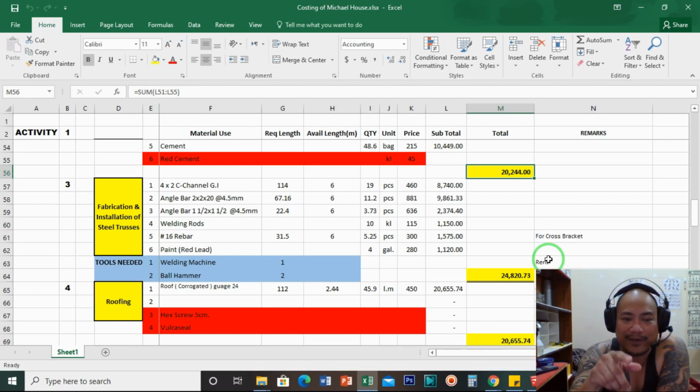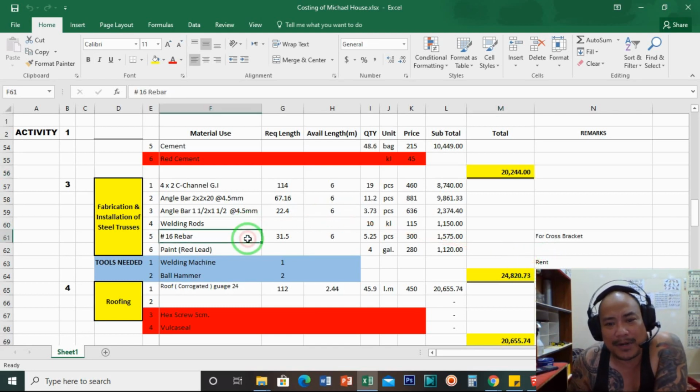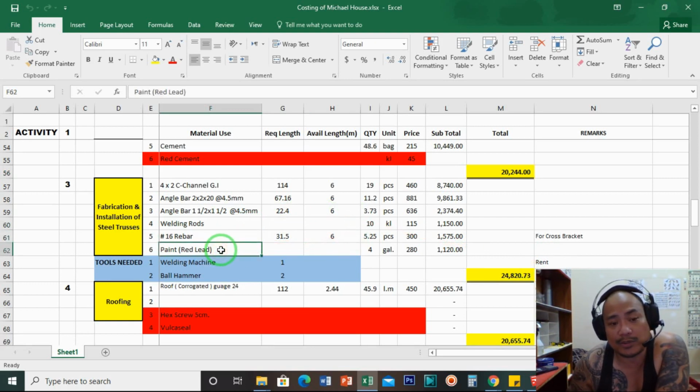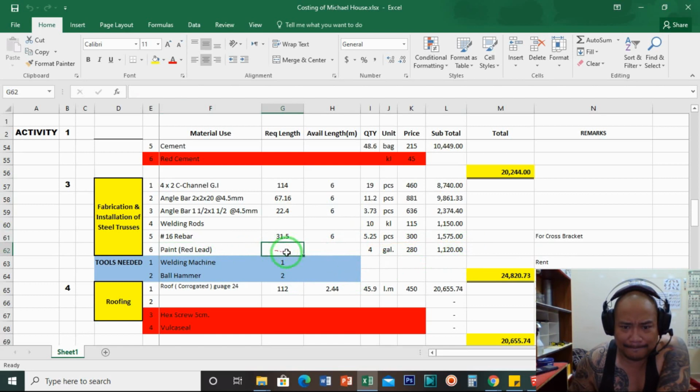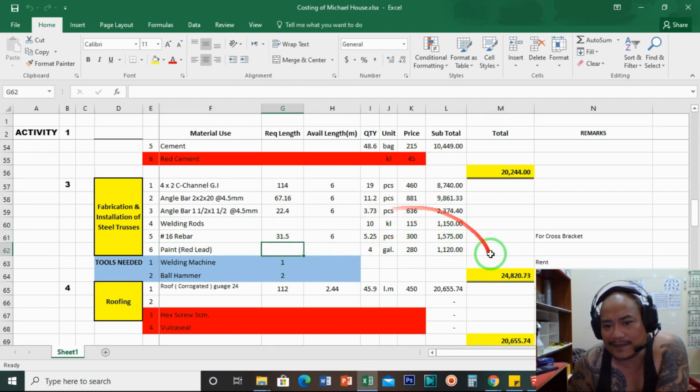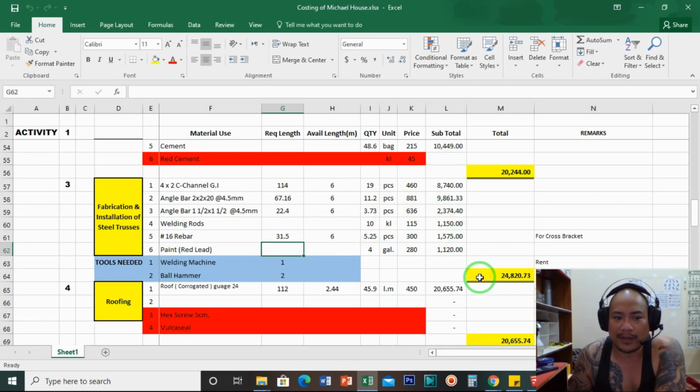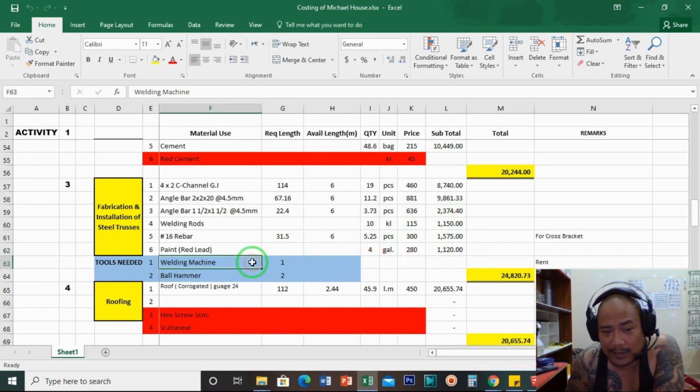Angle bar 1.5 by 1.5, also a thickness of 4.5. Welding rods. Number 16 rebars for my X bracings. And of course, paint, red lead. So total for this activity is 24,820. Tools needed in this activity are welding machine and ball hammer.